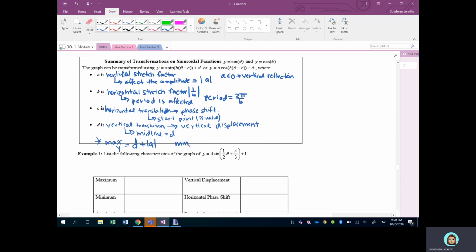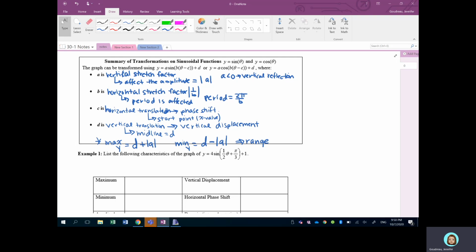The minimum y value can be found by taking the midline D and subtracting the amplitude, which is the absolute value of A. So if we know where the midline is and we know what the amplitude is, we can easily find our max and min. That becomes important because that is going to become our range. So we'll be able to find those characteristics based on those two little equations.